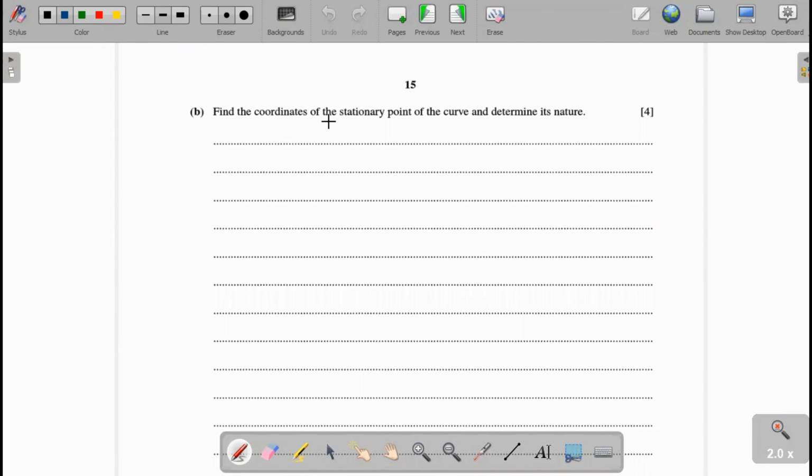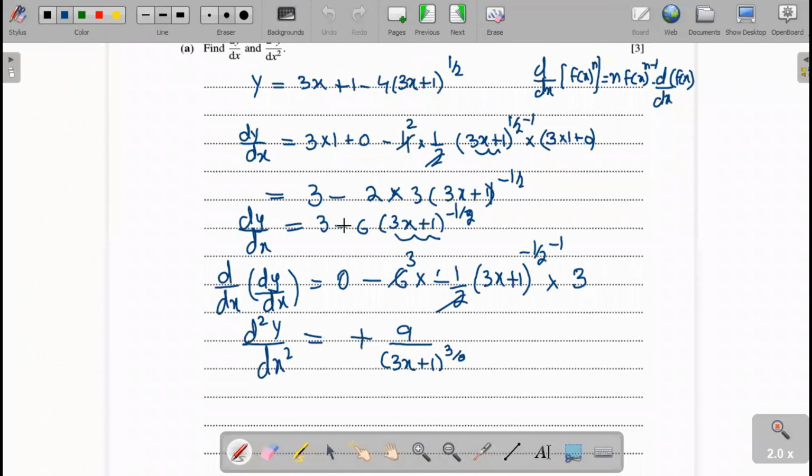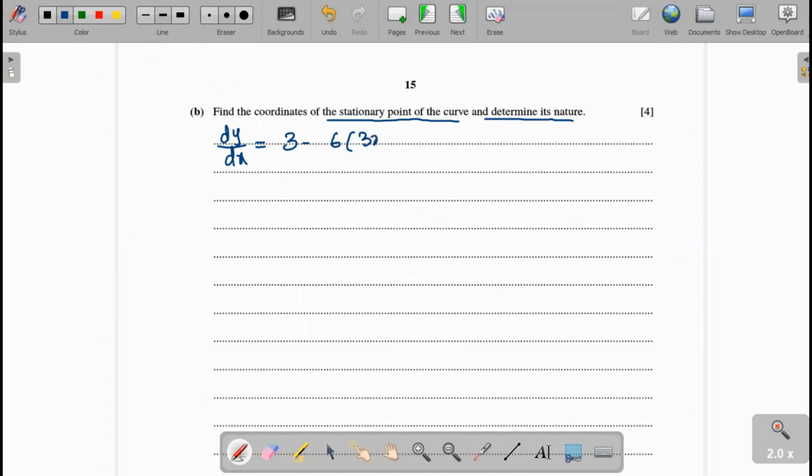Find the coordinates of the stationary points of the curve and determine its nature. To find the stationary point of the curve, we already found dy over dx of the curve, which is 3 minus 6 into (3x plus 1) power minus 1 over 2.